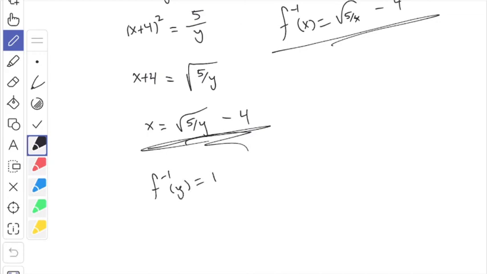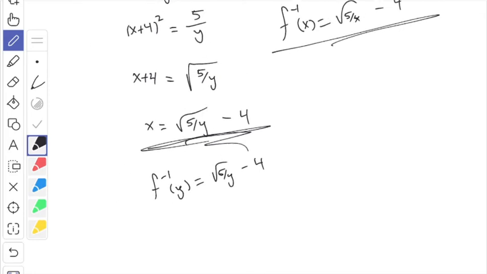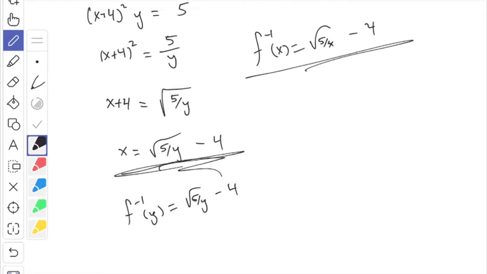F inverse of y is square root of 5 over y, minus 4. But at that point it doesn't matter. You can call this variable whatever you want, so you might as well call it x again. Although on the test I'm not going to be too picky about how exactly you write the answer. If I really want you to write it in a specific format, I'll tell you what I want to see.